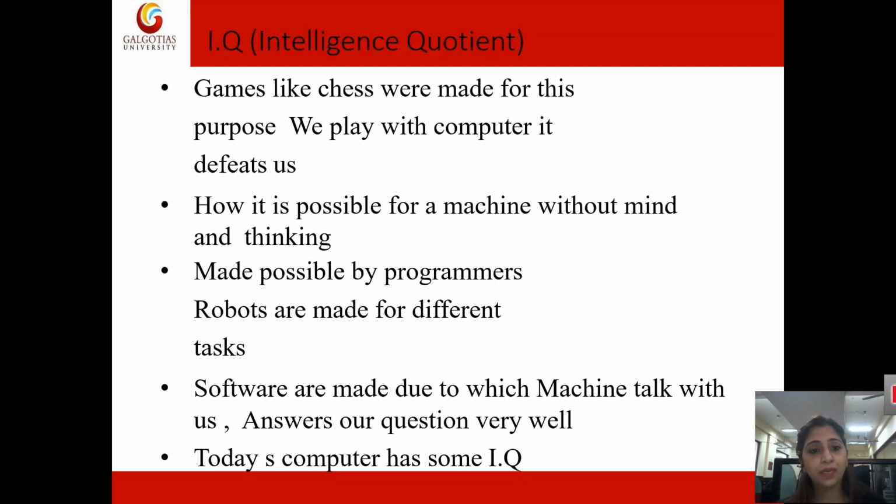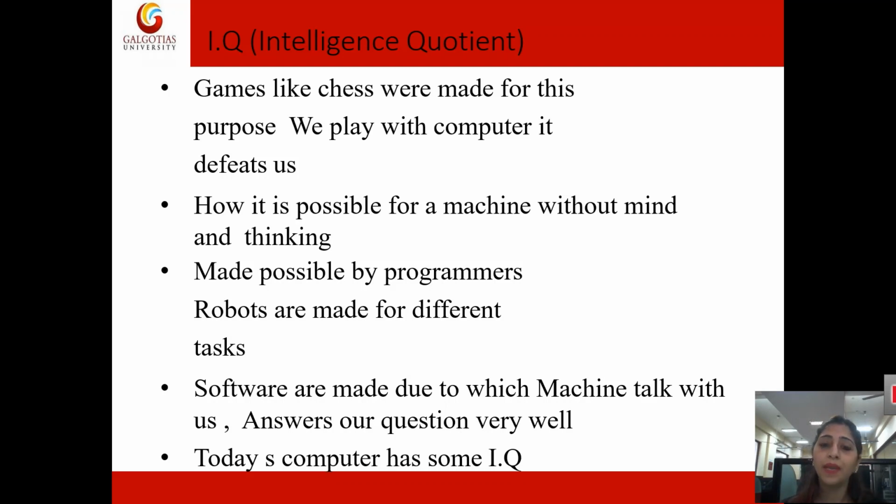Robots are made for different tasks, and software is made due to which the machine can talk to us. A very recent example of this kind of intelligence added to a system is Alexa. Alexa as a device has been made by Amazon and is used in many homes now.